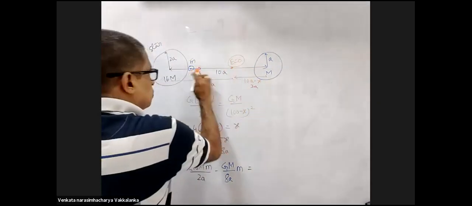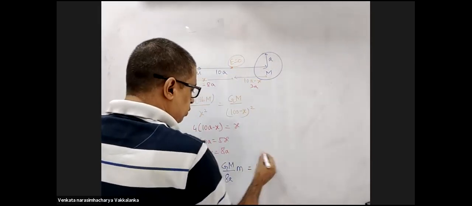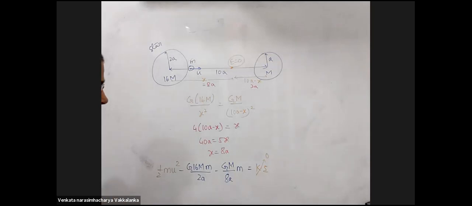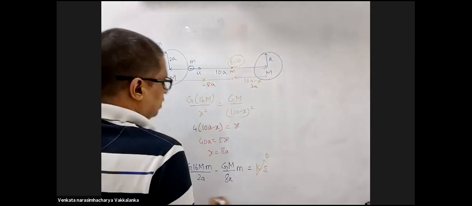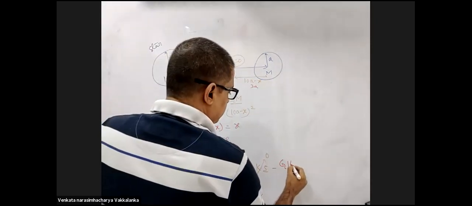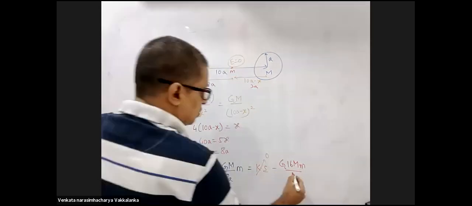Now when the small m reaches here, kinetic energy will be 0. Potential energy between small m here and 16m: minus G 16m small m by this distance, which is 8a.